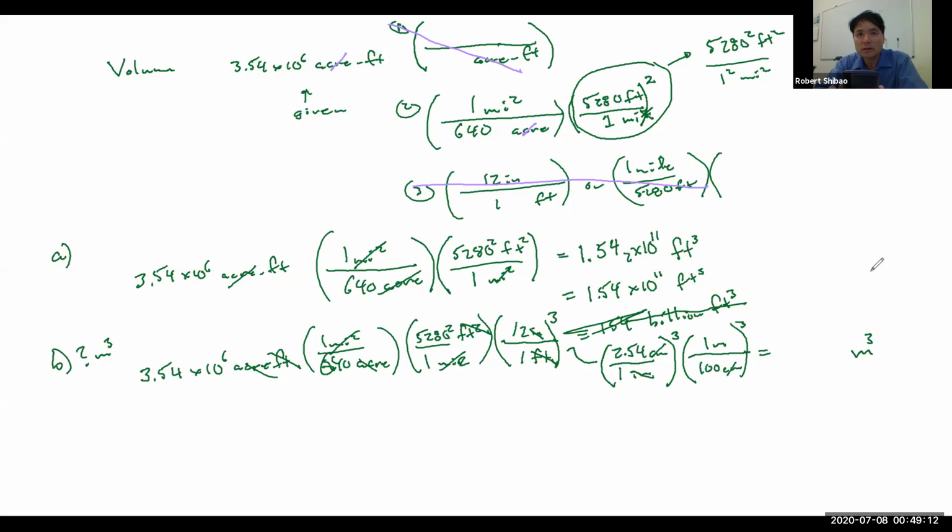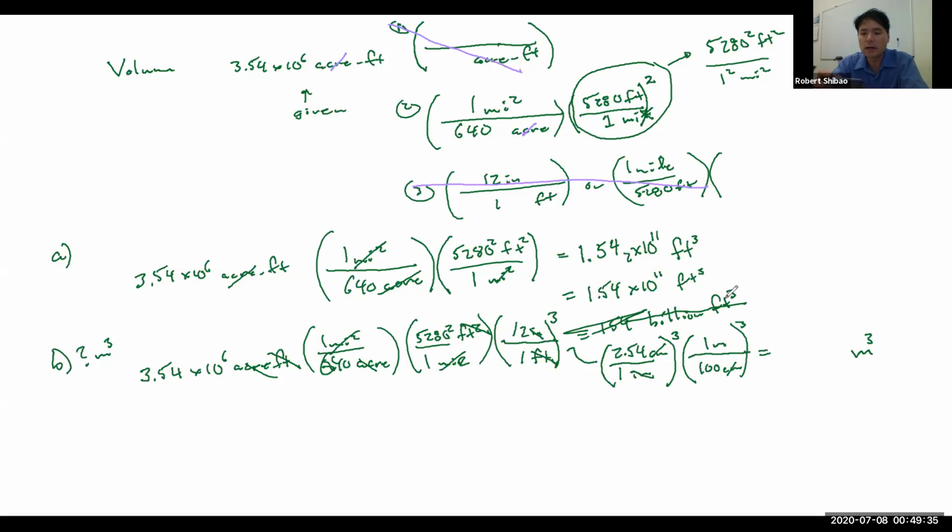And so I'm just going to continue on here, times 12 cubed, times 2.54 cubed, divided by 100 cubed.